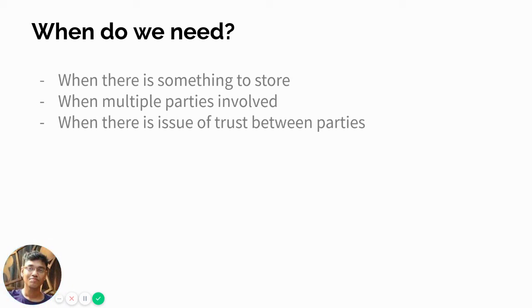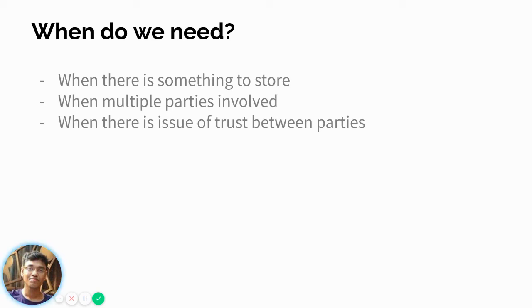If you have a single party, he does not have any trust problem with anyone. Everybody trusts that system, then there is no need of blockchain. Which is why the private blockchain is kind of confusing. Why is there a need of private blockchain, because a single entity is running the system, right?